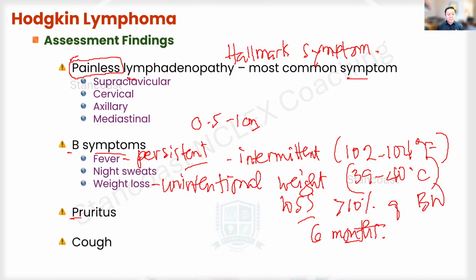Now, another is coughing, which is basically a persistent cough. And this is going to develop due to the involvement of the mediastinal lymph nodes.